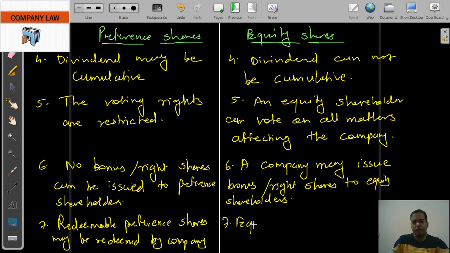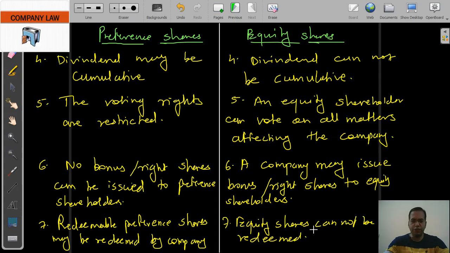But can equity shares be redeemed? No. Equity shares cannot be redeemed. So redemption is one of the important features associated with the preference shares.